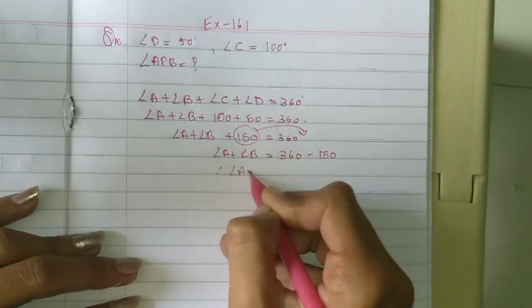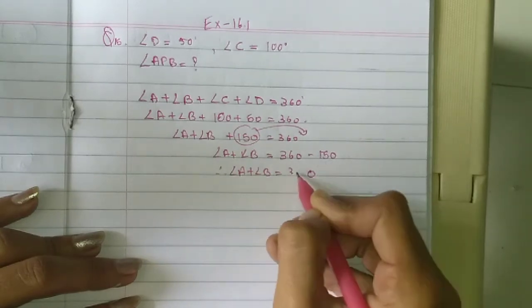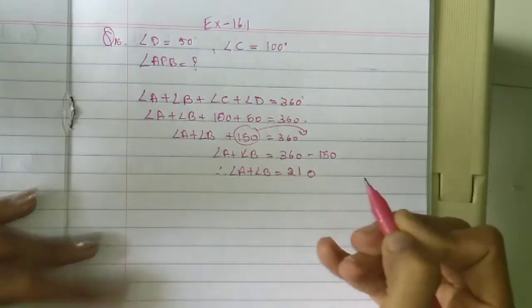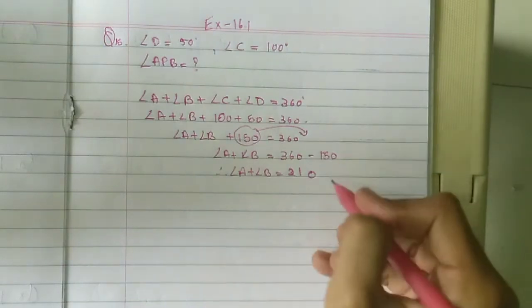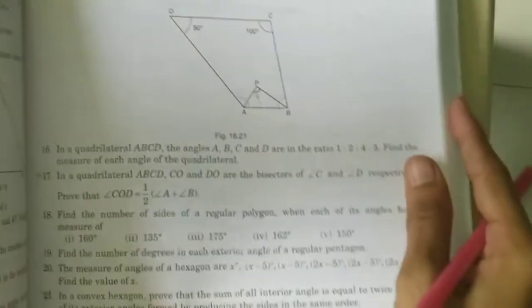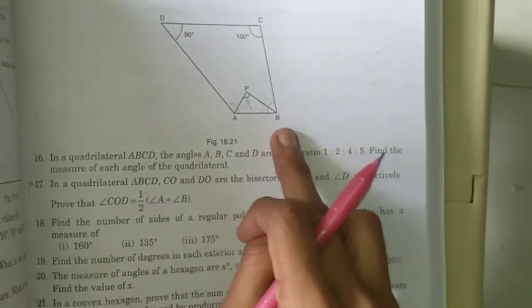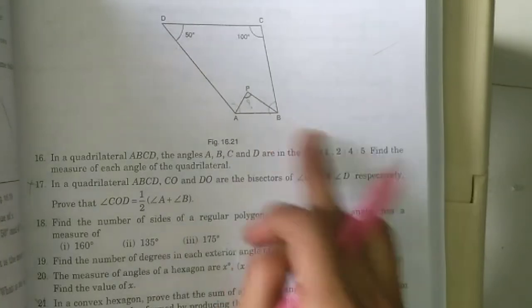Therefore, angle A plus angle B equal to, what is the answer? 210 is the answer. Give that number 1. Now here, first see, we had found out that A plus B is equal to 210.